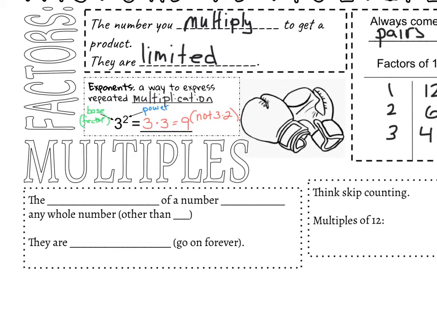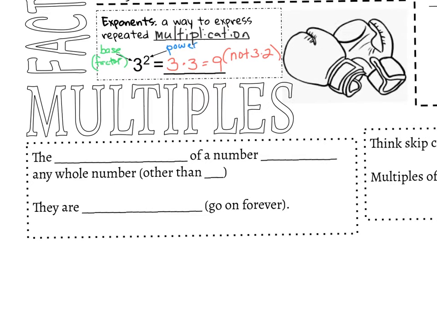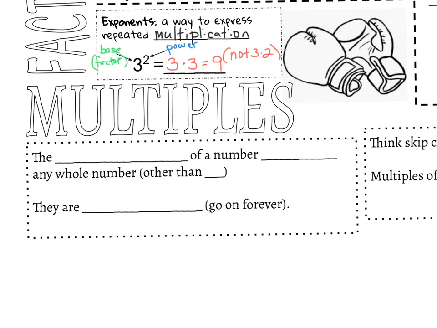So now we're going to take a look at multiples. Multiples are actually what you get when you use factors. They are the product of a number times any other whole number, other than 0.